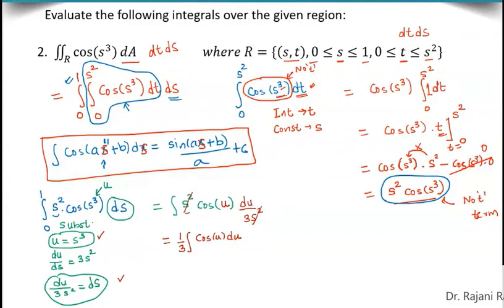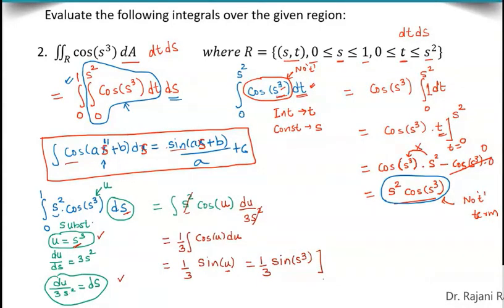Now we can use the rule here: integration of cosine gives you sine. So this is equal to 1 over 3 sine of u. We will not substitute the values from 0 to 1 for u, because these are the values for s. So we should replace u back by s power 3, so our answer is sine s power 3.